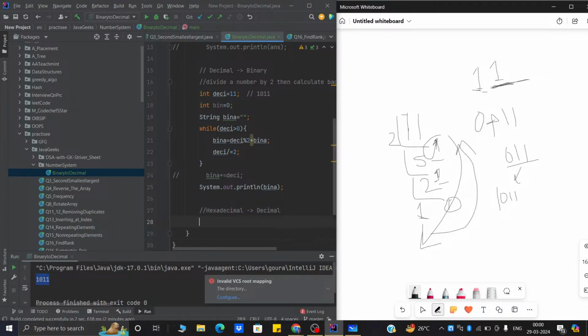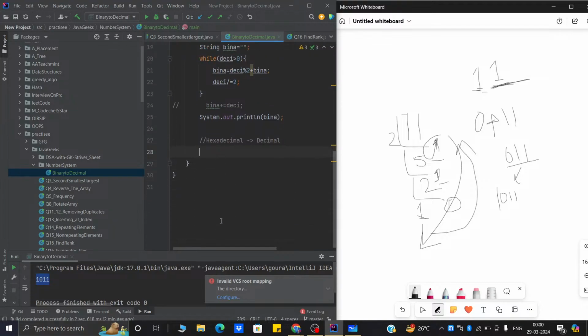Okay, so tell me the approach. Let's say, so hexadecimal we have to take it as string hexa equals to, let's say, 76A, or let's say B.